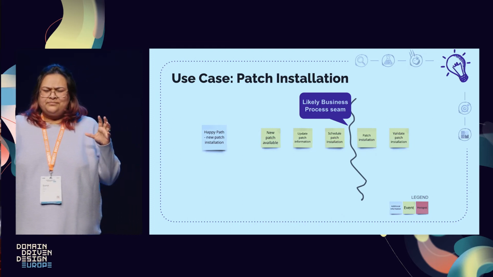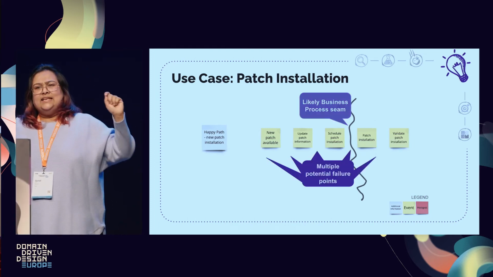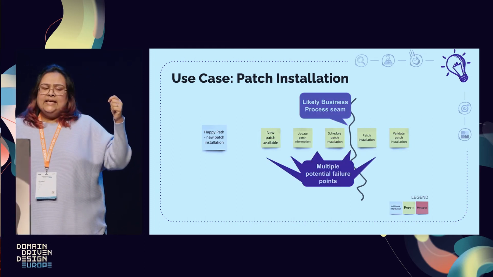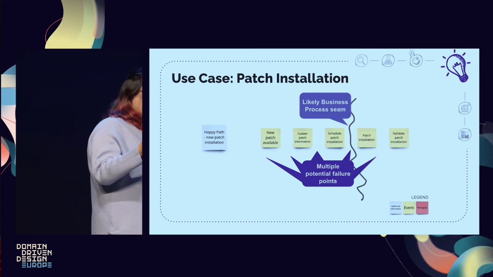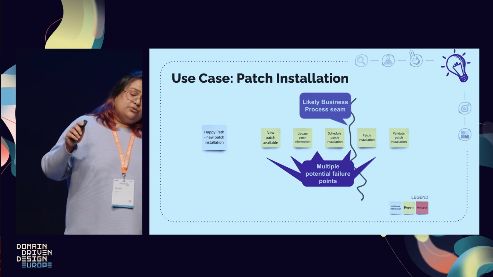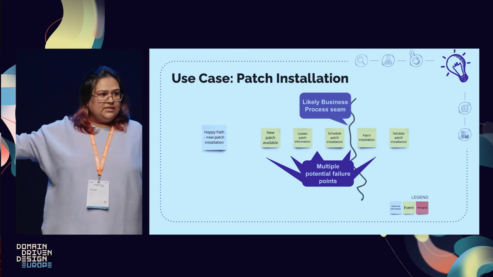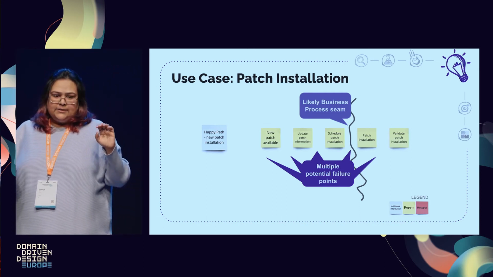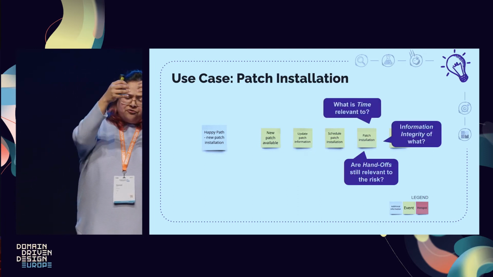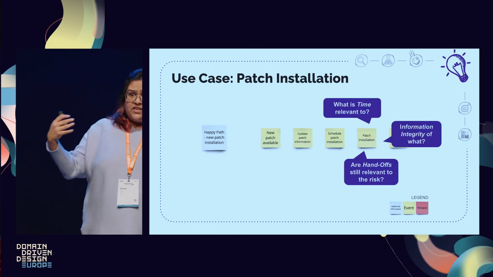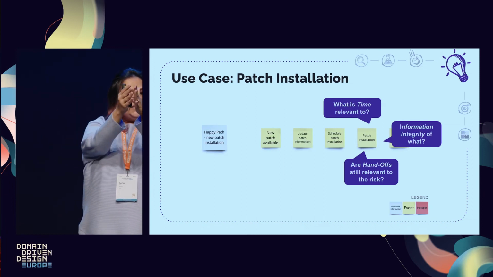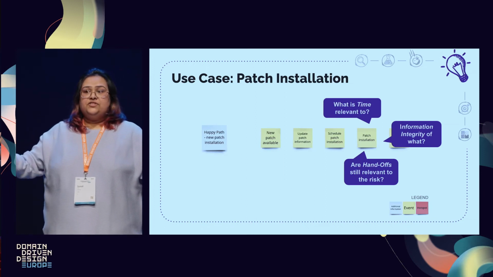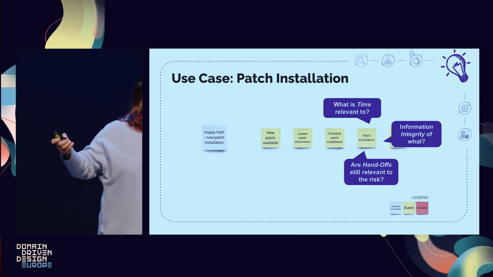And if we were to draw an analogy with change, there was perhaps a likely business process seam where the patch has been scheduled and the patch is to be installed. But for that seam, when we were thinking of failure points, there were failure points beyond just that seam. Because if your systems are not patched, you can have a failure point anywhere, right?